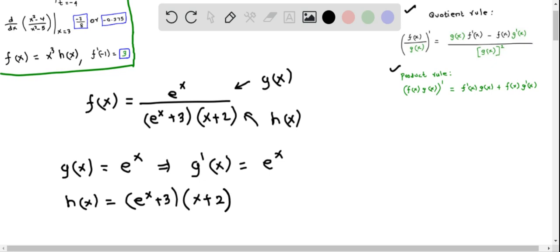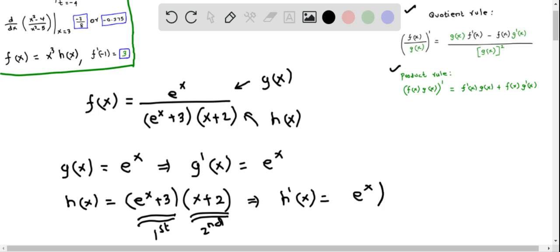Now we will find its derivative, that is h prime of x. Here we can apply the product rule. We consider this as the first function and this as the second function. When you apply the product rule, you find the derivative of the first, that is the derivative of e power x plus 3, which is e power x, times the second function.